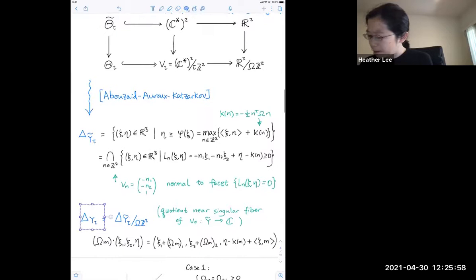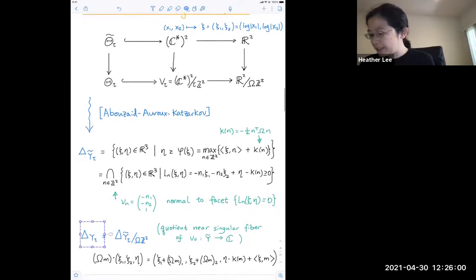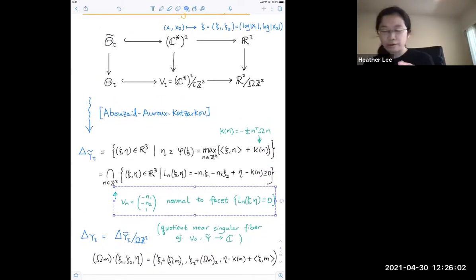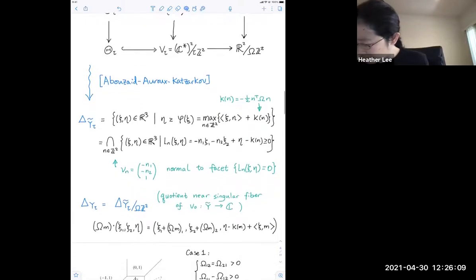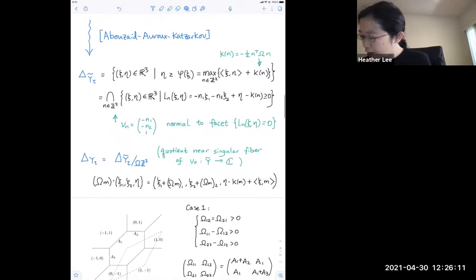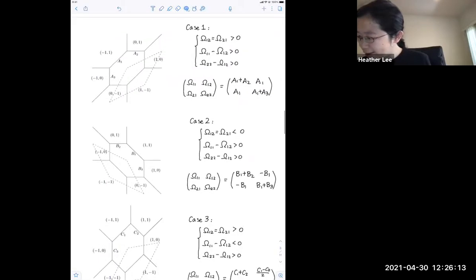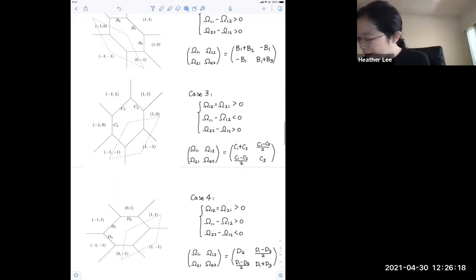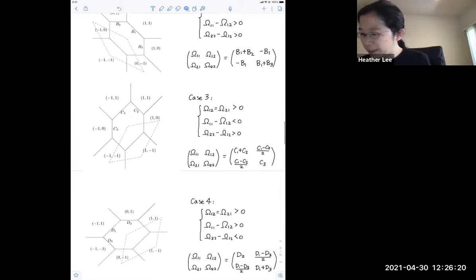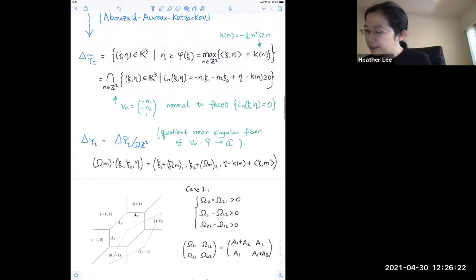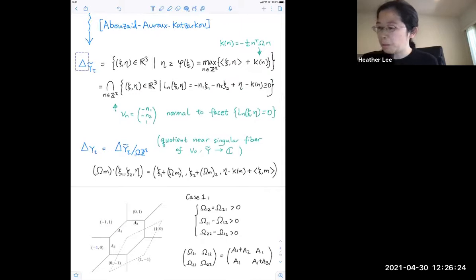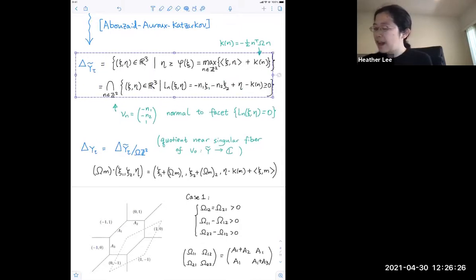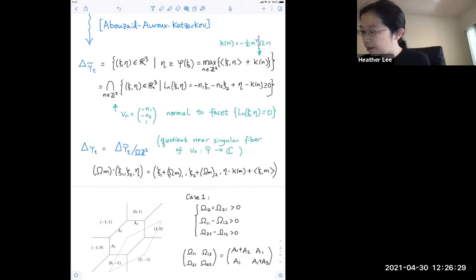So this gives a description of what the moment polytope looks like, but we can give a more explicit picture. There are going to be 4 cases. I put here a lot of pictures and a lot of formulas, but you don't have to worry about the details so much. Basically you can calculate what this polytope is, and that depends on the omega.